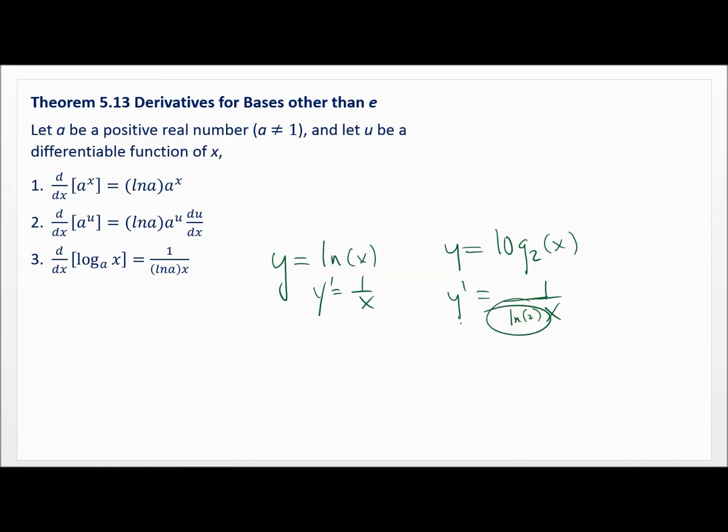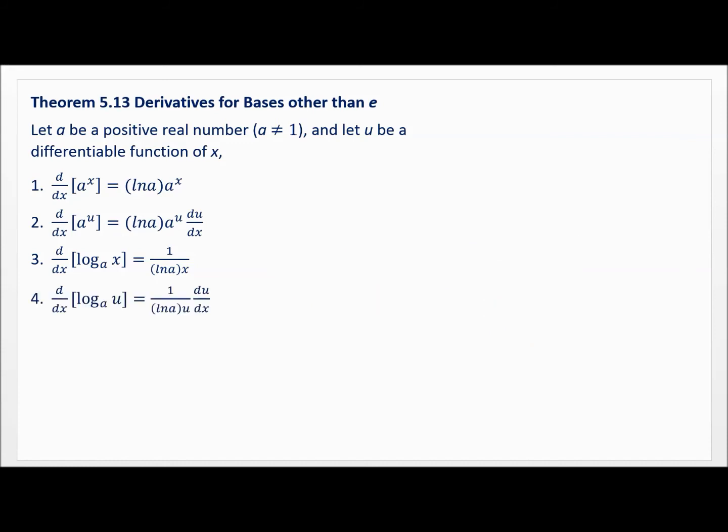Okay, so it's not a big stretch, these properties, not a big stretch. And then the fourth and final derivative rule I want to give you is what if you needed the chain rule? So what if I gave you y is equal to log base 3 of, let's say, 6x, right? Then your derivative, y prime, is going to be 1 over 6x.